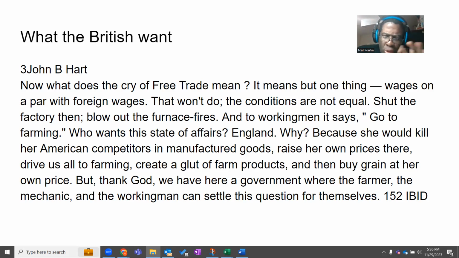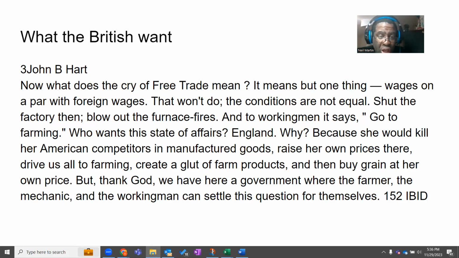But not only that, we're seeing ramifications of this. On what he's saying, he said the working man should go to farming. This is un-Hamiltonian and unconstitutional. Focus on the un-Hamiltonian part, because the Report on Manufactures was not saying we're going to be a nation of agriculturalists. That wasn't the case. We were supposed to have an agro-industrial economy, and the British don't want to see that.